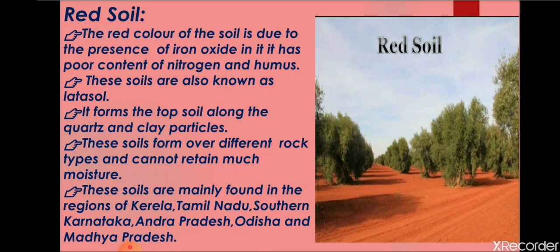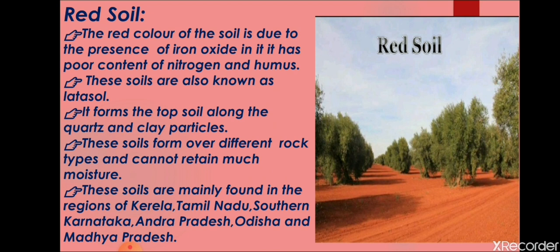Now first we will talk about the red soil. As by name it is clear that red soil will be red in color. It is also known as yellow soil. Why does this red soil have a red color? Because of the presence of iron oxide. Please remember, the question comes like this: why is the color of the soil red?